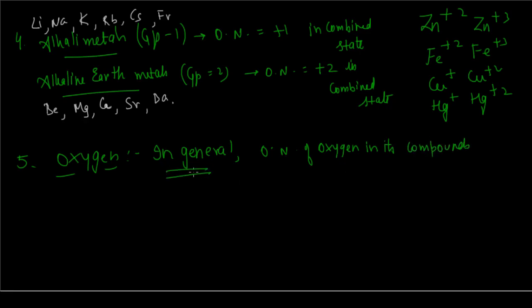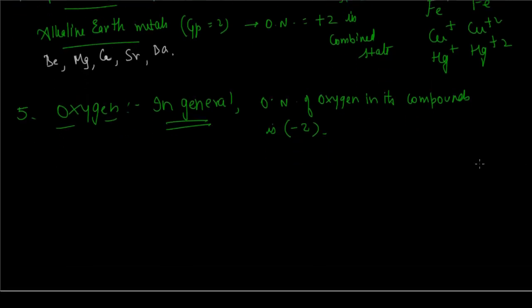In general means there are some exceptions. The oxidation number of oxygen in its compounds is -2. In most of its compounds, you will find that oxygen has an oxidation number of -2, right?